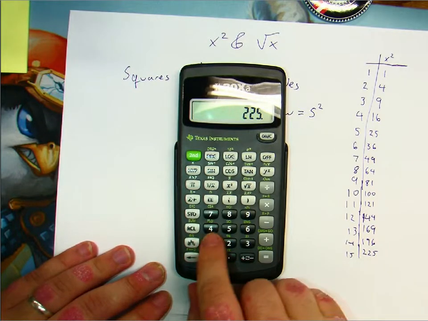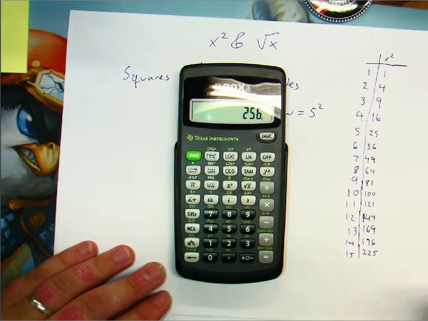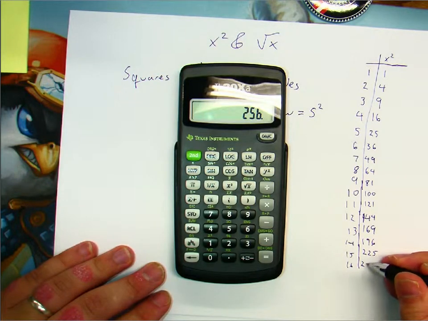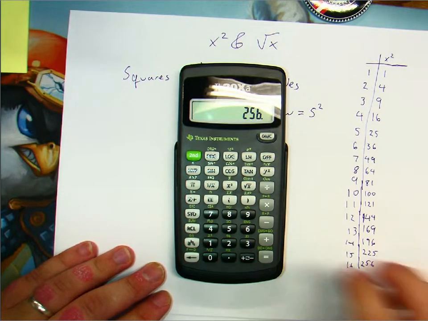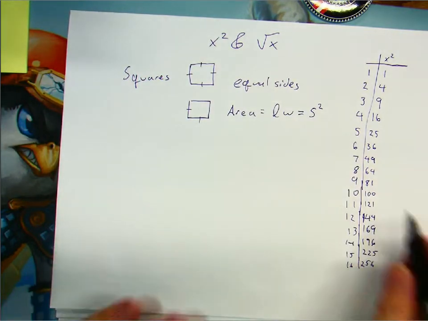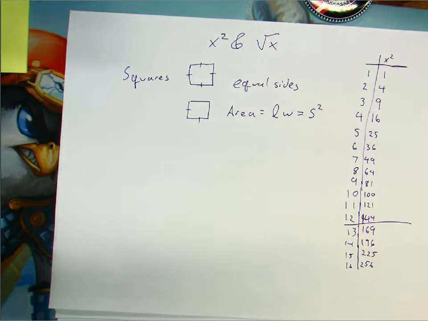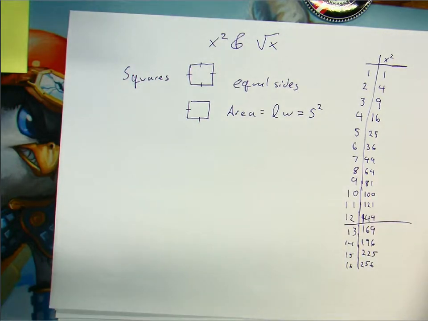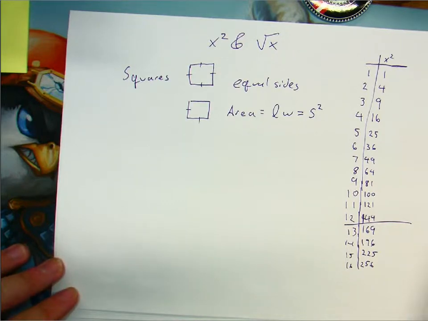I'm going to do 16 squared, 256. All right. Right around there is what you're kind of expected to just know. Okay? Right around here are the things that you should simply know of what our squares are. These are our squares.